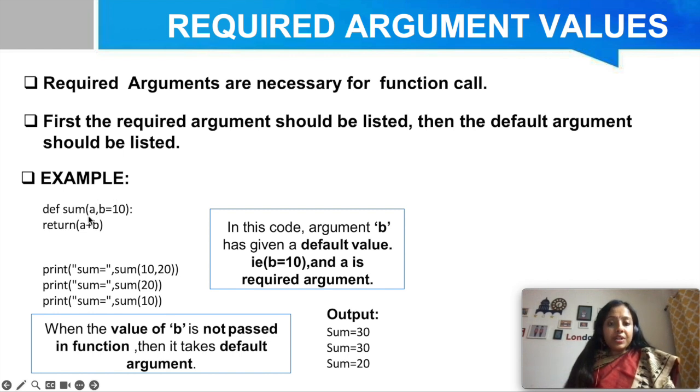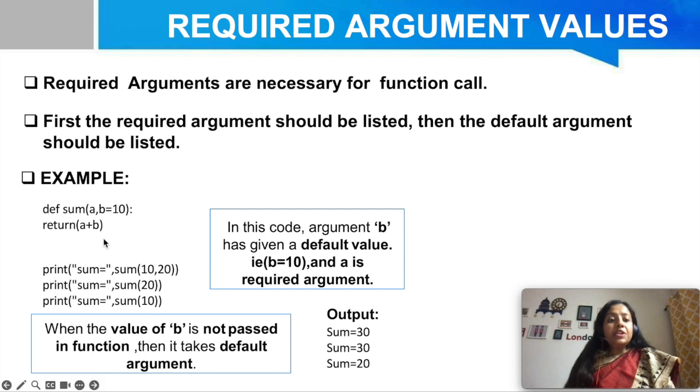Now the argument written first without any value is called the required argument, and b has a default value here, so it is called the default argument. Normally in Python, first we write the required argument, then we write the default argument.